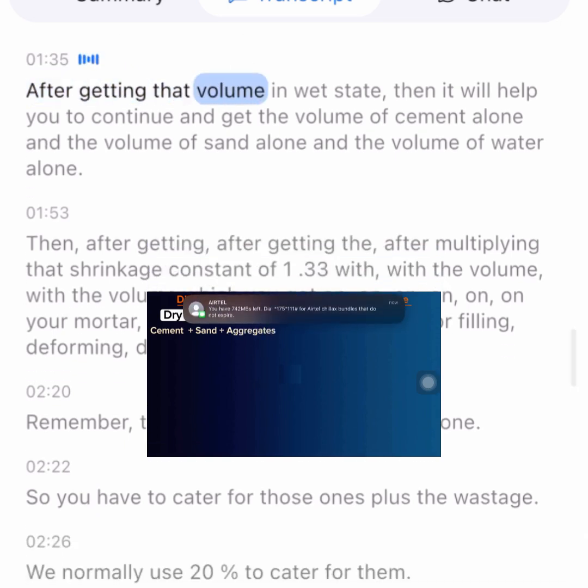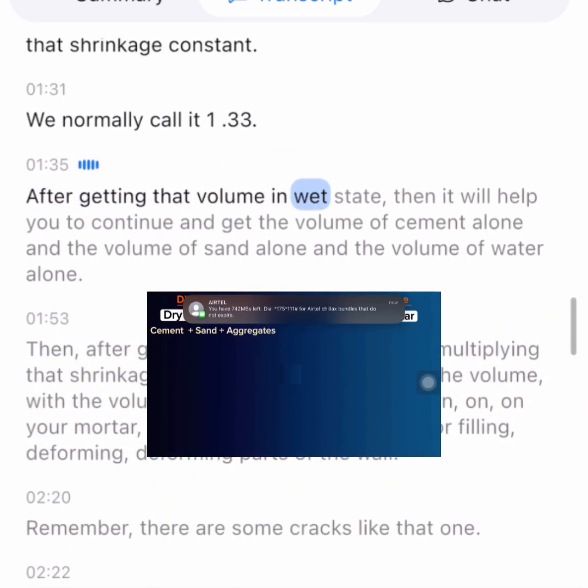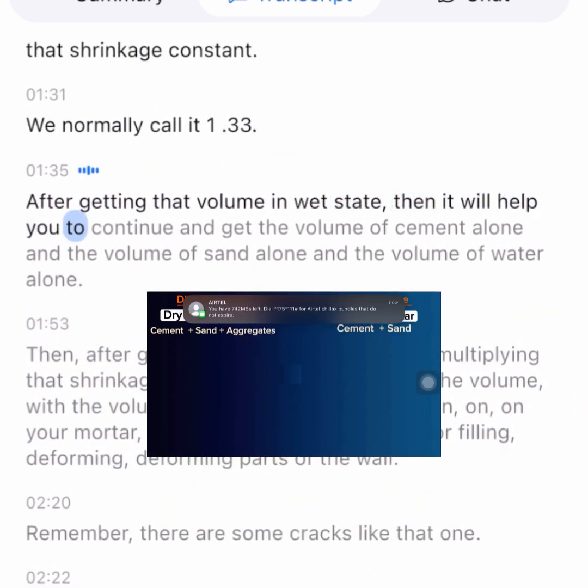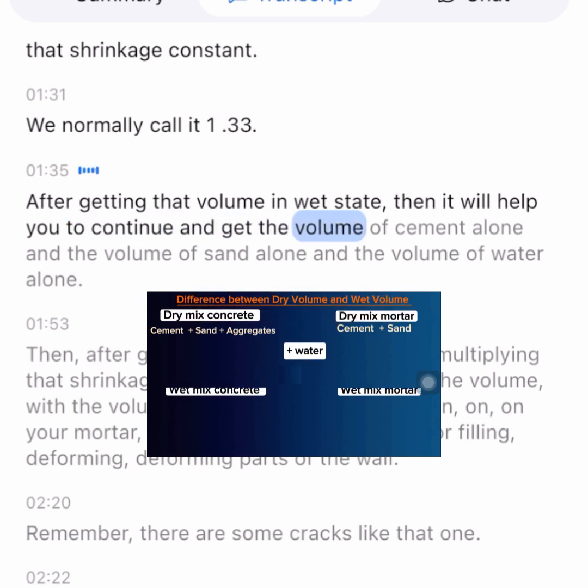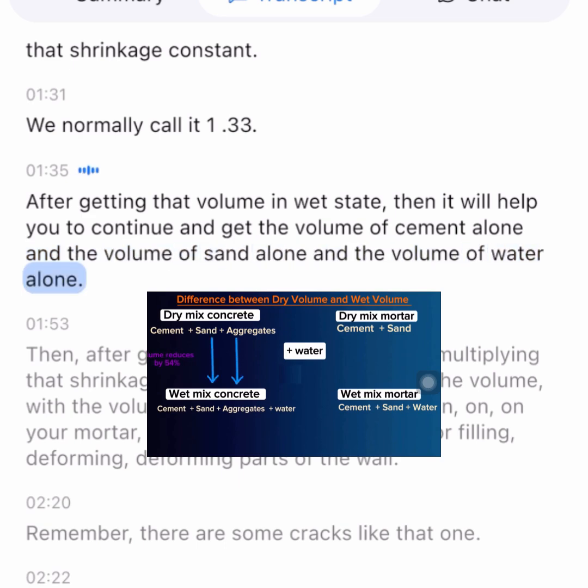After getting that volume in wet state, it will help you to continue and get the volume of cement alone, the volume of sand alone, and the volume of water alone.